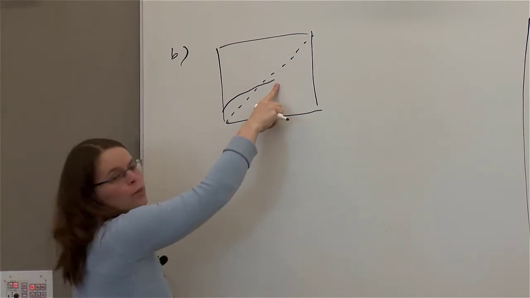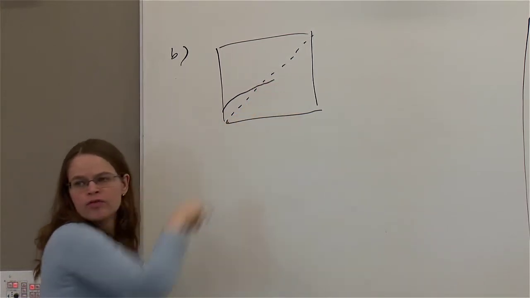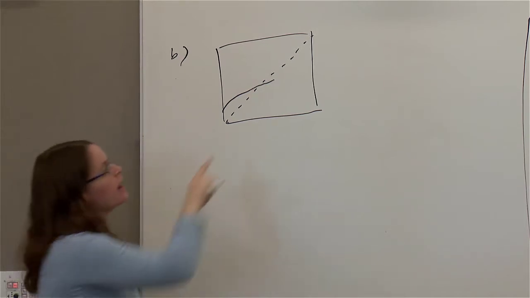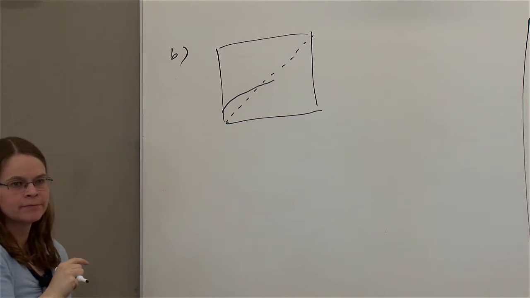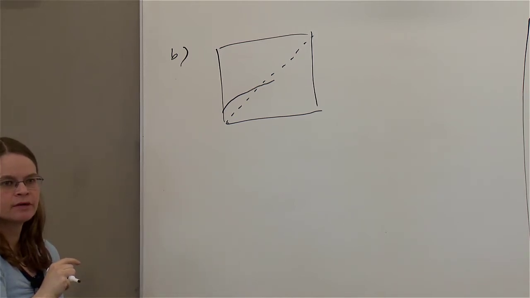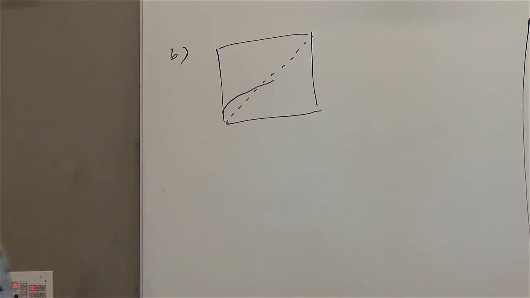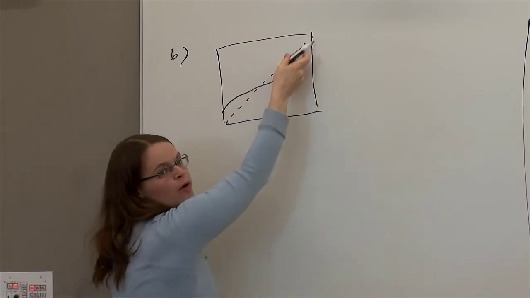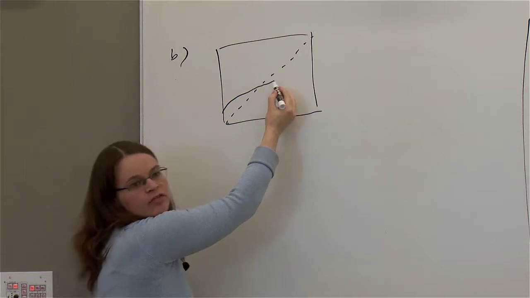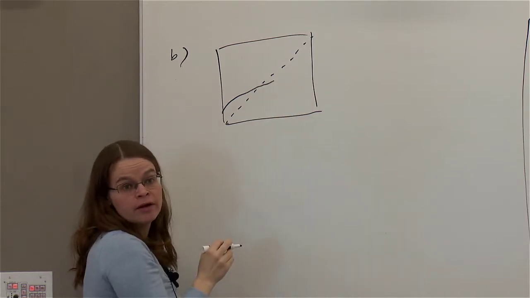Now, we want to know, is it possible for there to be another fixed point? Can it catch back up with this line and cross it again? You have to analyze the second derivative. We won't even have to analyze the second derivative. So what's happening here? This line is traveling up with slope 1. This line is traveling, well, either up or down, but with slope less than 1, right?